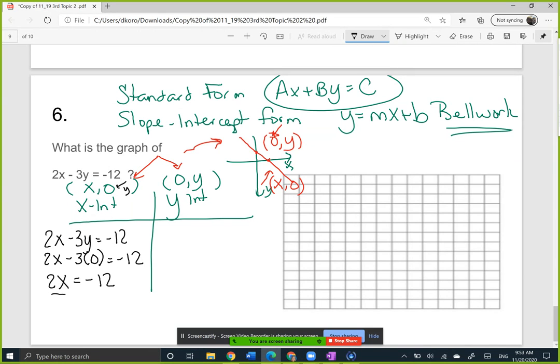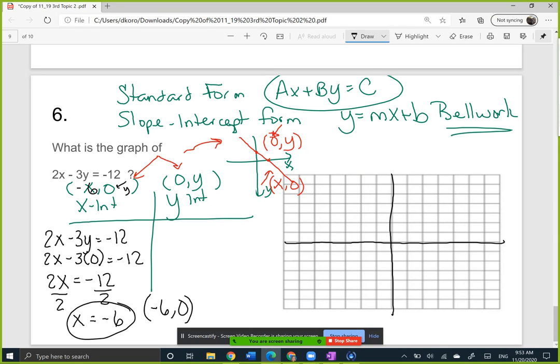I'm going to divide both sides by 2, so x is equal to negative 6. So my ordered pair is negative 6 and 0. So let's draw my graph here. This is my x-axis, this is my y-axis, and negative 6 and 0 is right here.